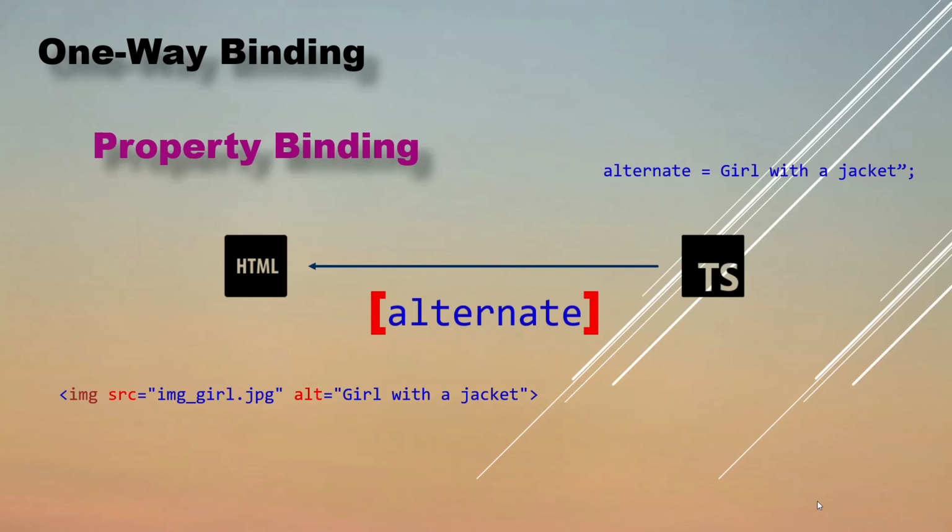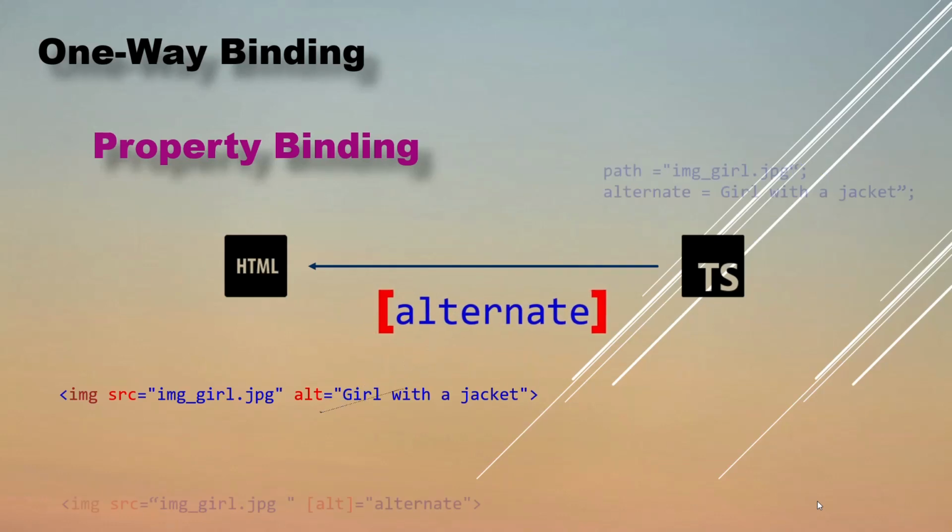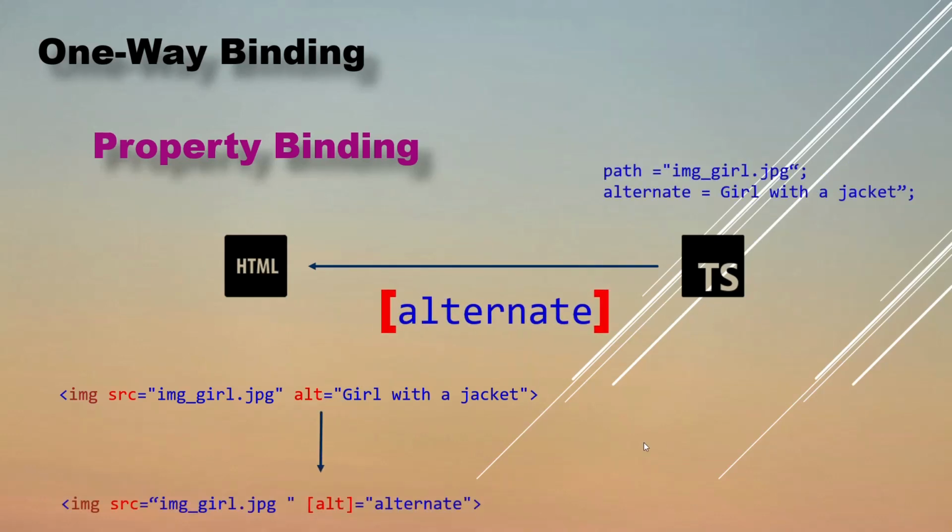For interpolation we have double curly braces. Now we need to use square brackets around the property, and then the variable name we need to use. Same way, we have created this girl. The property goes in square brackets, whatever property we have, and then the value.